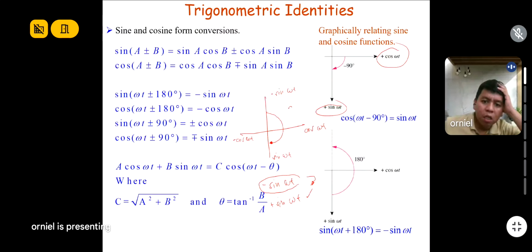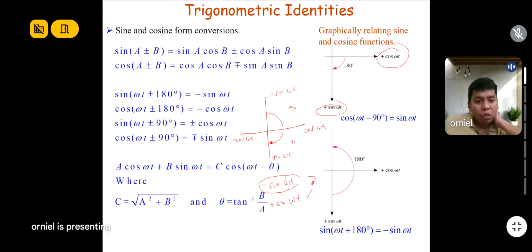Okay, assuming this is 90 degrees, another is 90 degrees. Basically it covers two cycles, so we add 180 to convert it into positive sine.